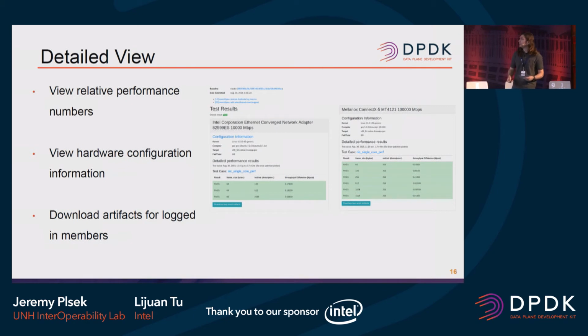The tests use the DPDK test suite, or DTS, single core performance test. Once results are generated, vendors can download artifacts, and vendors can also rerun tests in case there's some weird discrepancy between measurements. In the future, we hope to add more test cases besides the single core performance test, but that's the current test case right now.